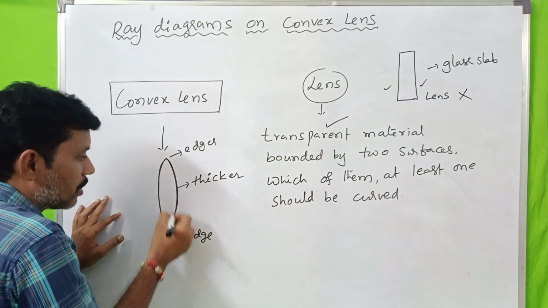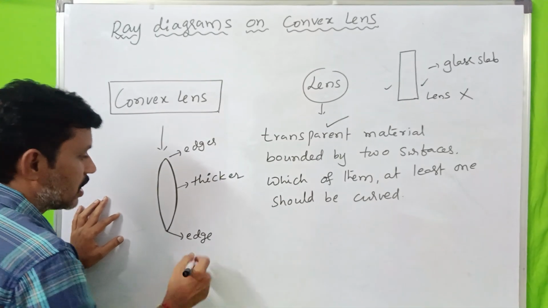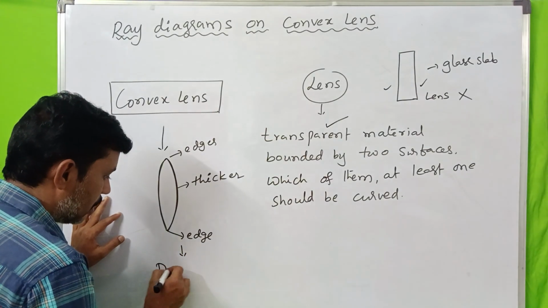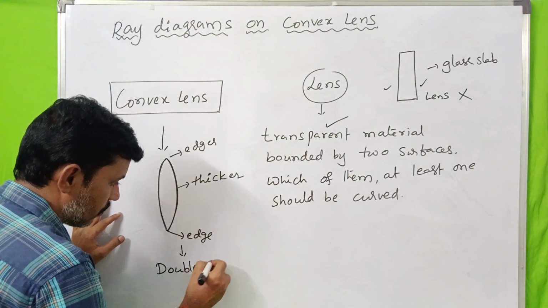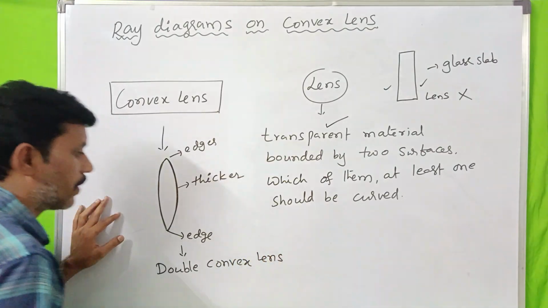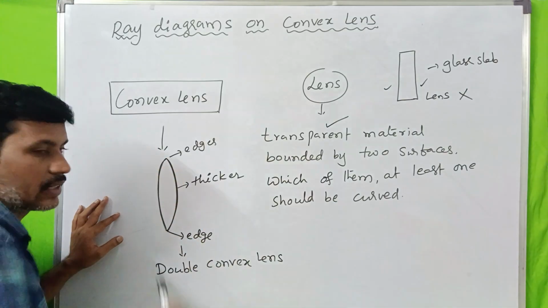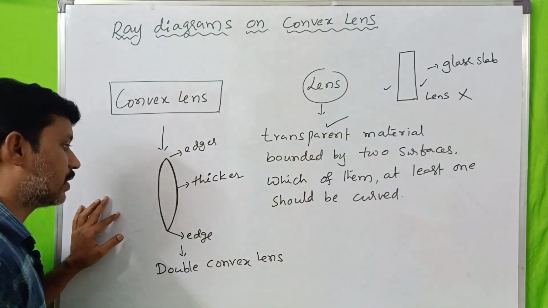Both surfaces are bulging outwards, that's why it is called a double convex lens, with both sides convex surfaces.